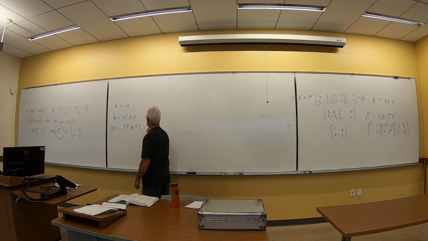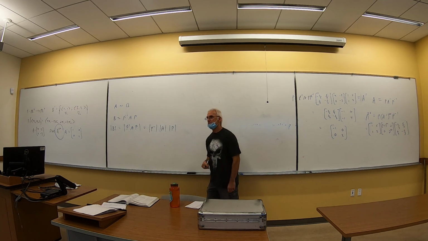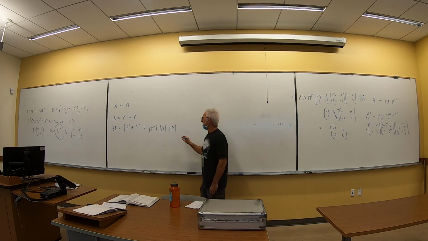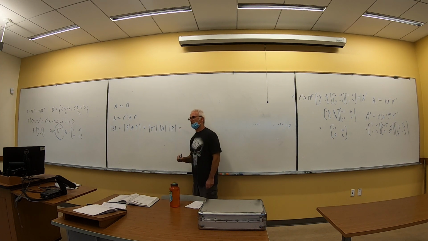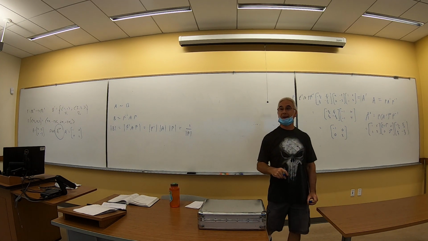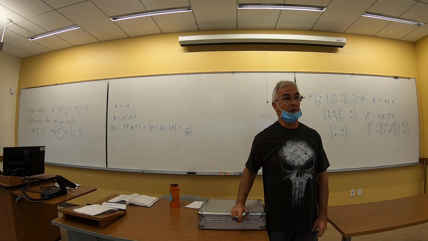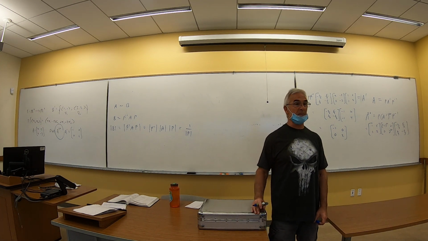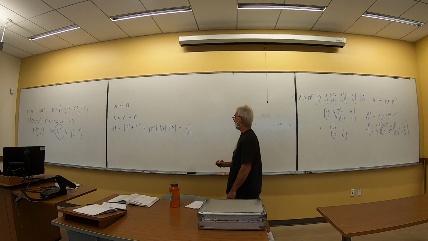What's this? Determinant of A. What's the determinant of P inverse? Well, it depends on what's the determinant of P. No, what is the determinant of P inverse? It's the reciprocal. That is something we did way, way long ago. The determinant of the inverse is the reciprocal of the original determinant.